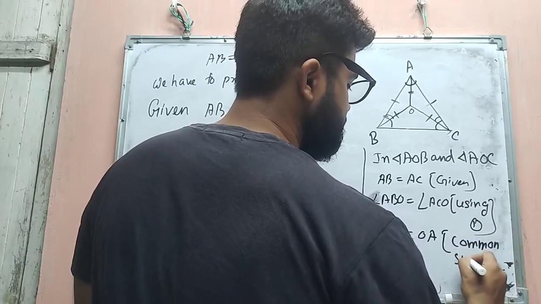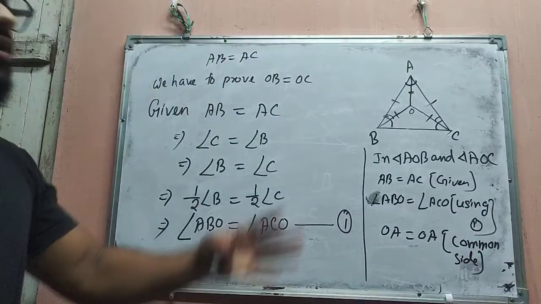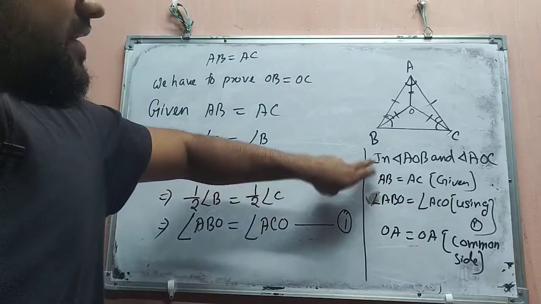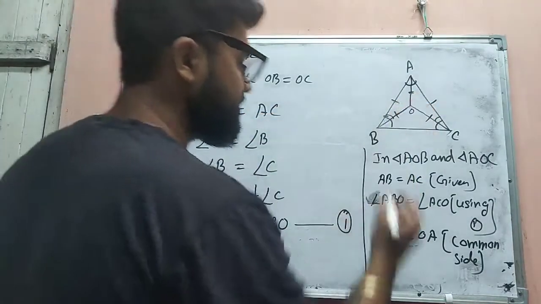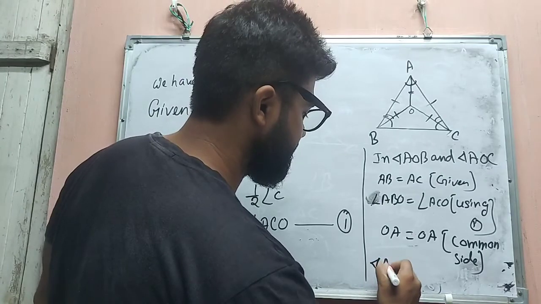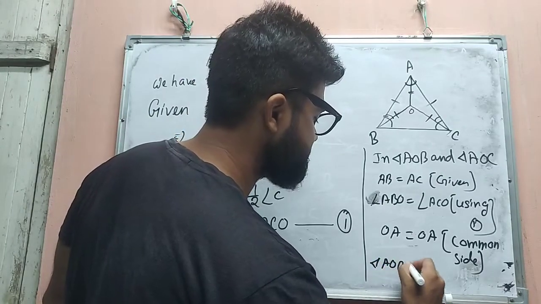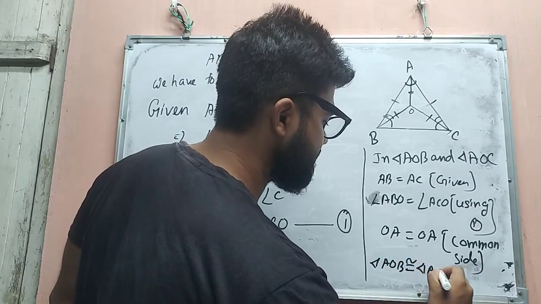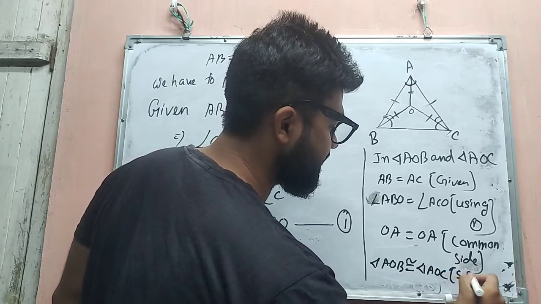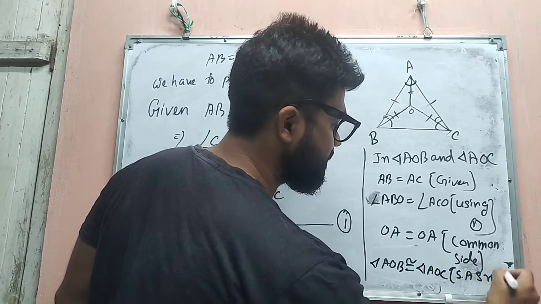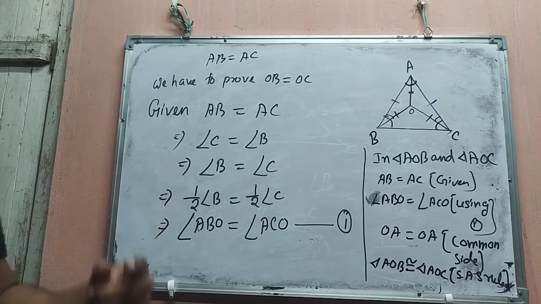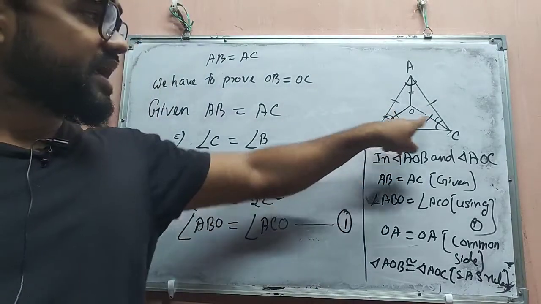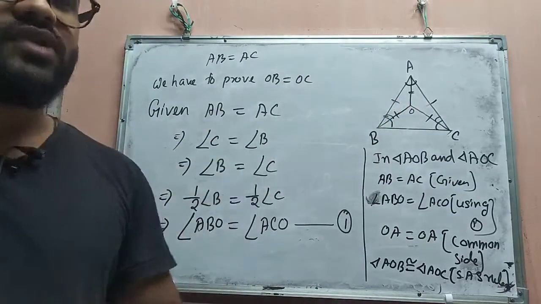As they are, we can clearly see side, angle, side. By the side, angle, side rule, triangle AOB is congruent to triangle AOC. They are congruent because of the SAS rule.